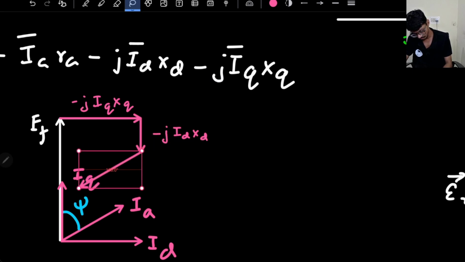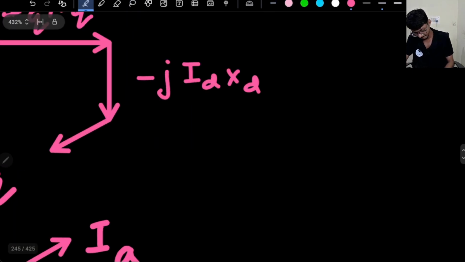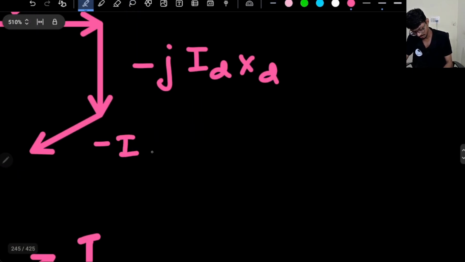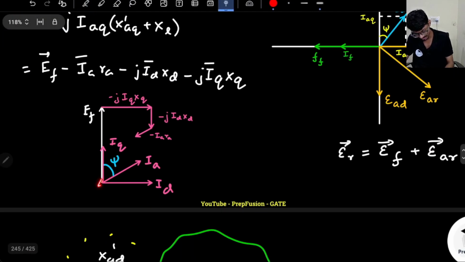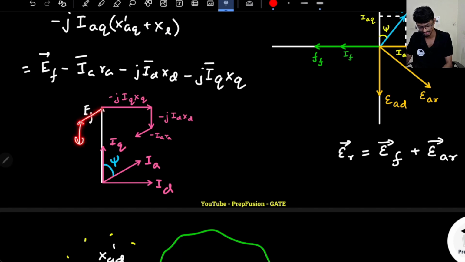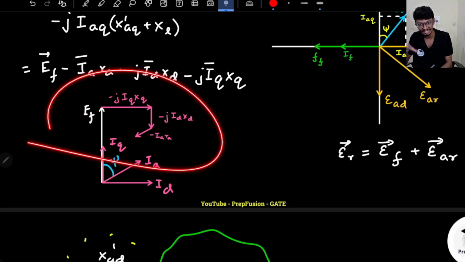So this will be minus IA RA. Why I did not do it? Because actually finally the resultant will be here only, right? It does not matter if you do minus IA RA first, then you do minus j X j. Ultimately you will reach this position only. Okay, but this looks more elegant. Okay, that's fine.